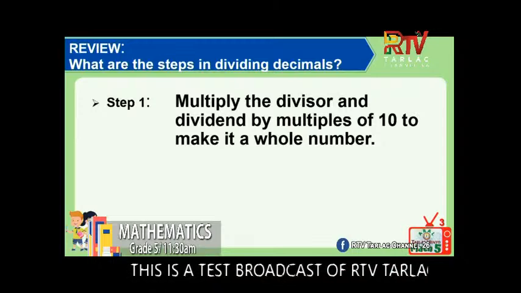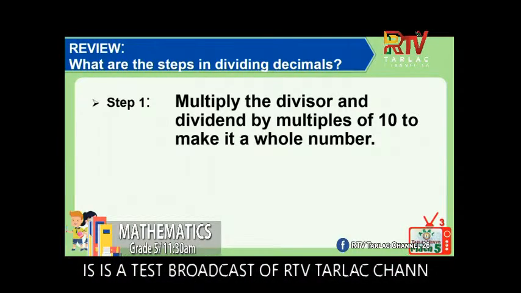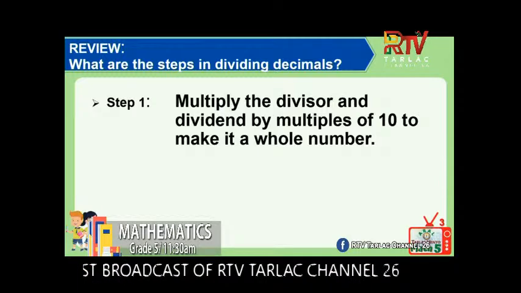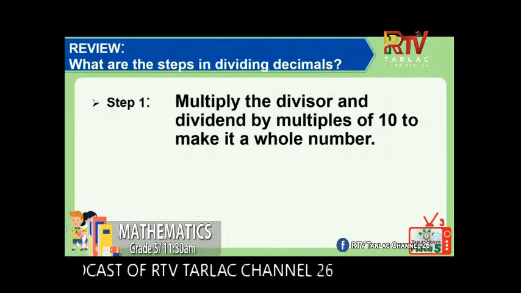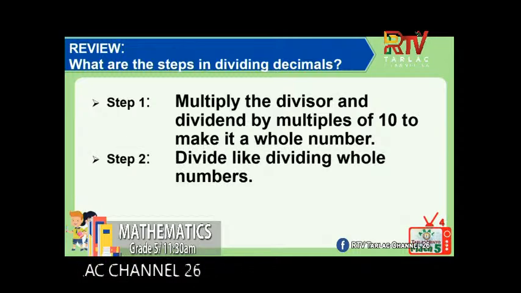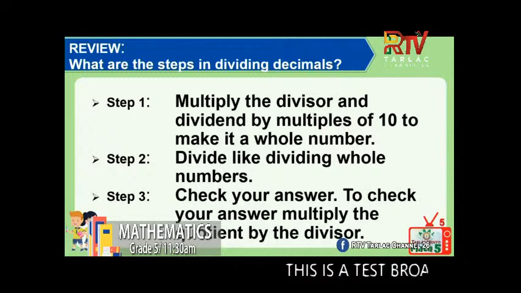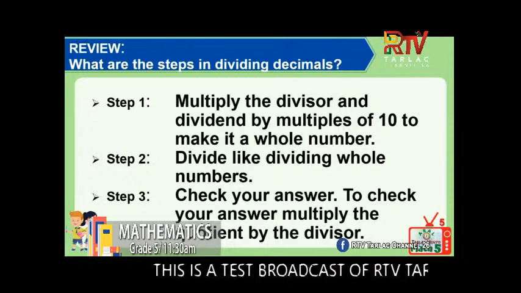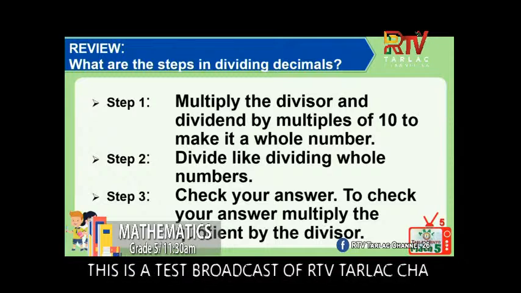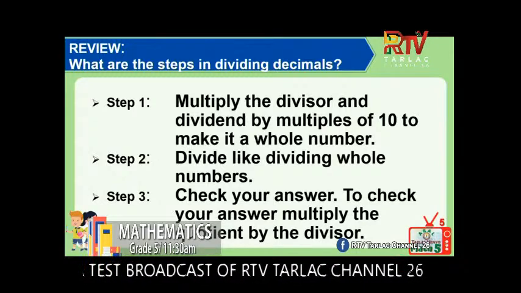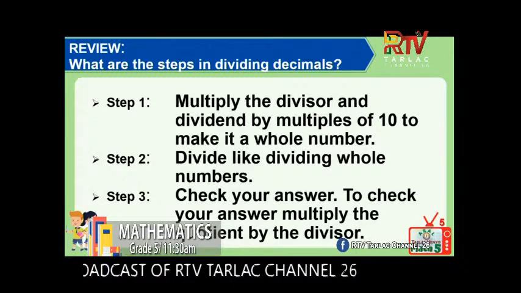Step number 1, multiply the divisor and dividend by multiples of 10 to make it a whole number. Step number 2, divide like dividing whole numbers. Then finally, step number 3, check your answer. To check your answer, multiply the quotient by the divisor. Did you have the same answer as mine? Very good.